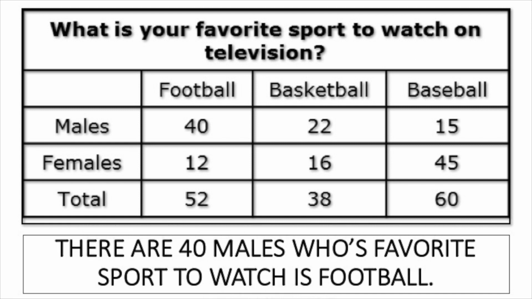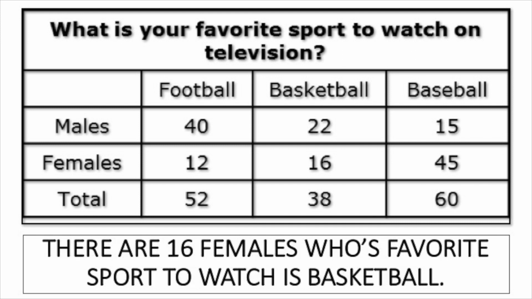For example, there are 40 males whose favourite sport to watch is football. So remember, males means boys and men, children and grown-ups. There are 16 females whose favourite sport to watch is basketball.